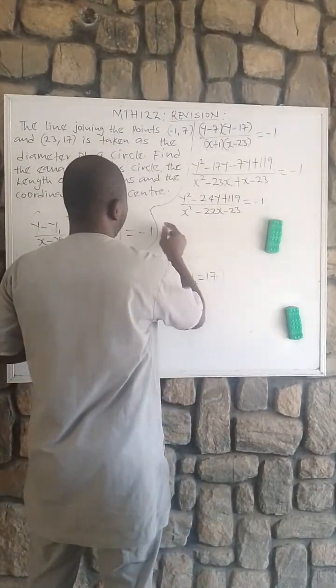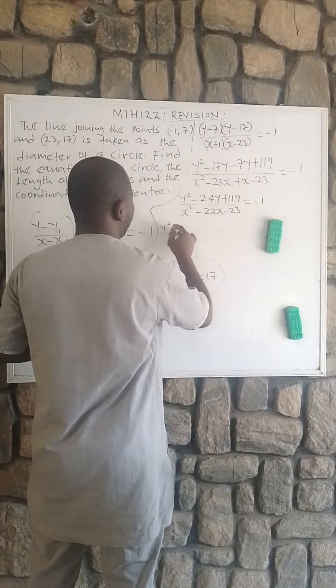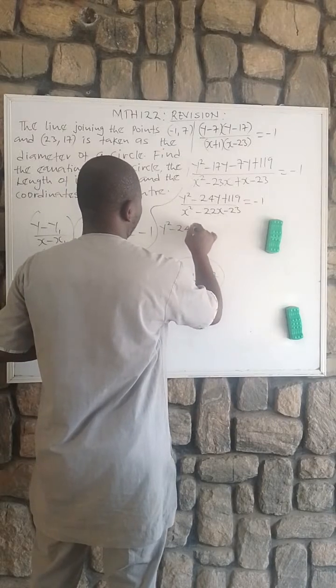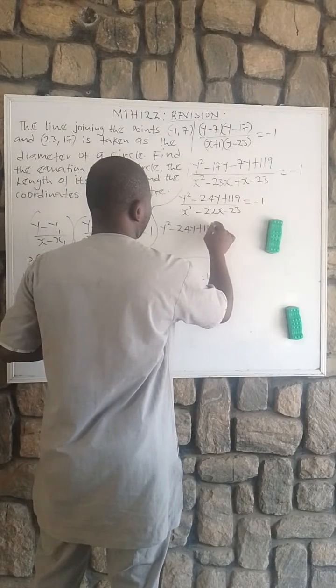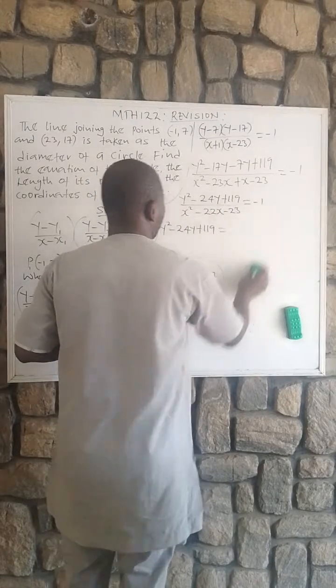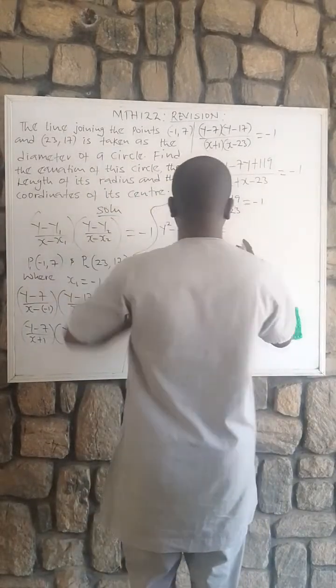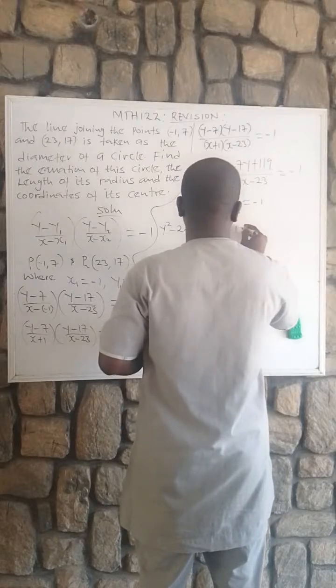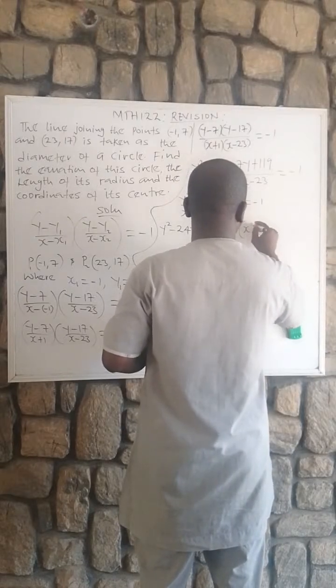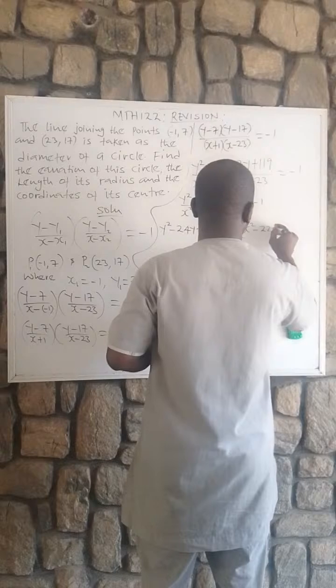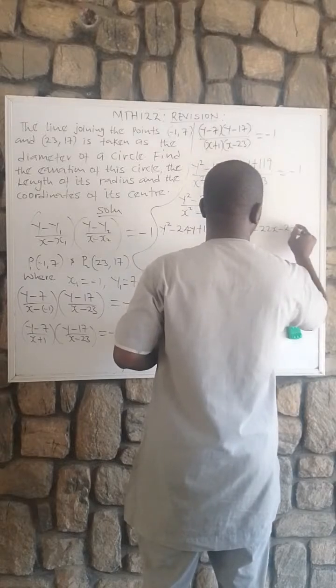If we cross multiply, we are going to have y squared minus 24y plus 119 equals to minus 1 open bracket x squared minus 22x minus 23.